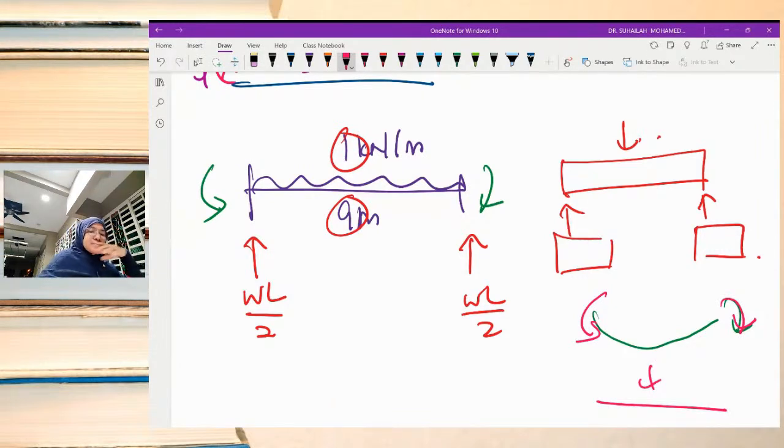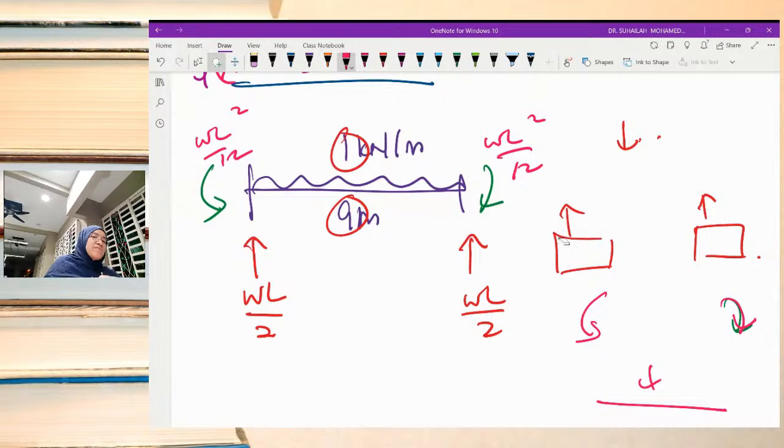It wants to become straight again, so we must apply the moment. So this moment formula is WL squared over 12, WL squared over 12.